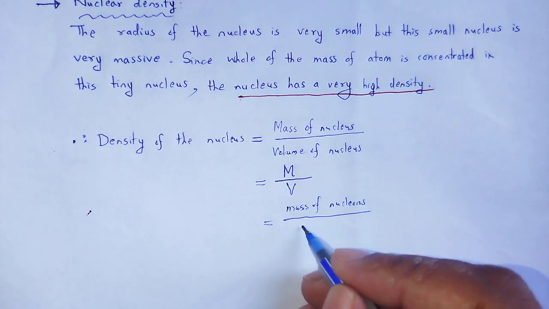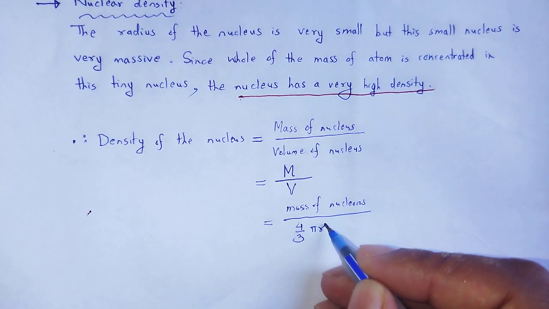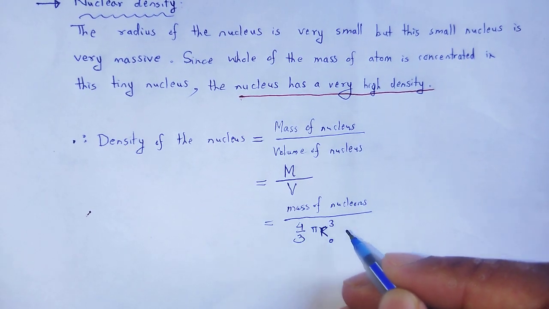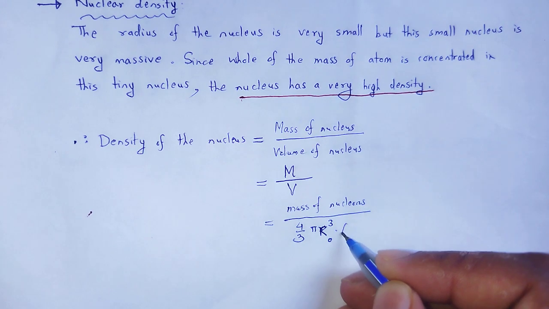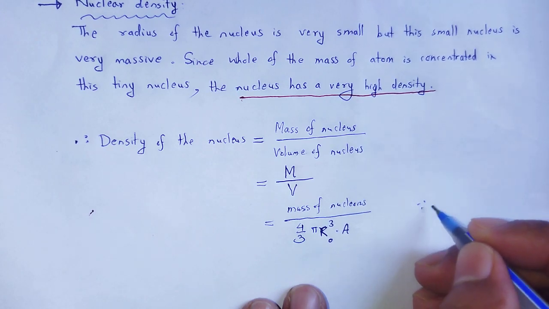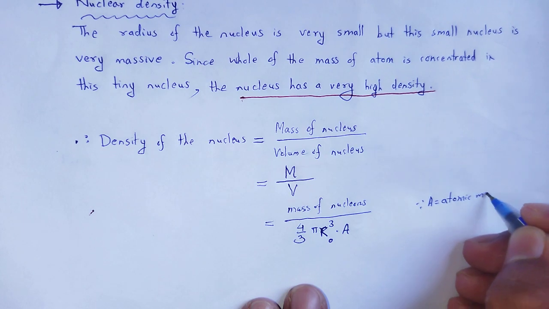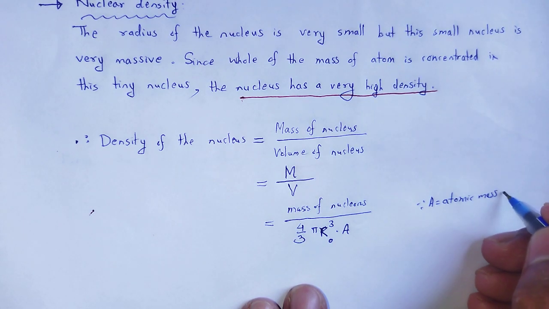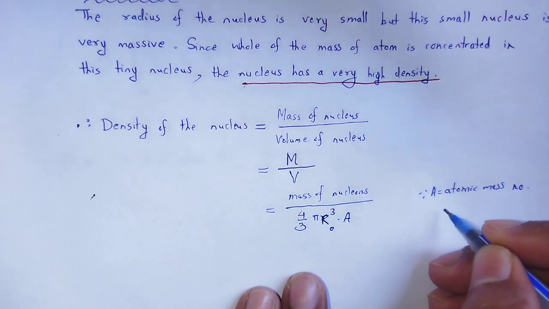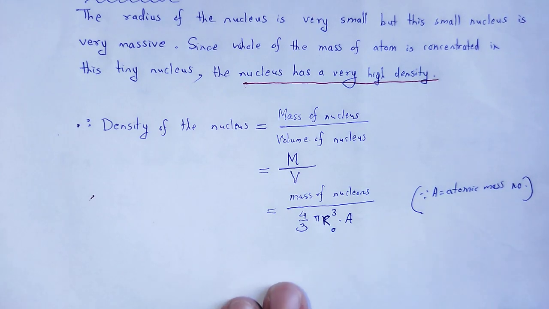Divided by volume, 4 by 3 pi r cube. Here A is the atomic mass number, or which is called number of nucleons present.